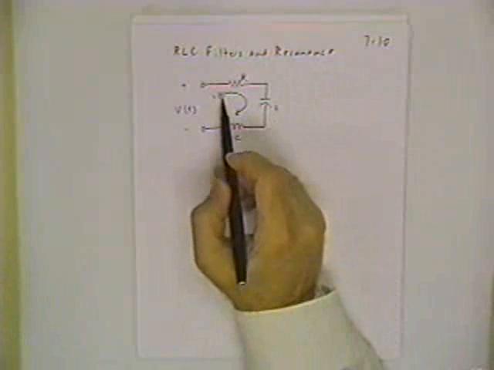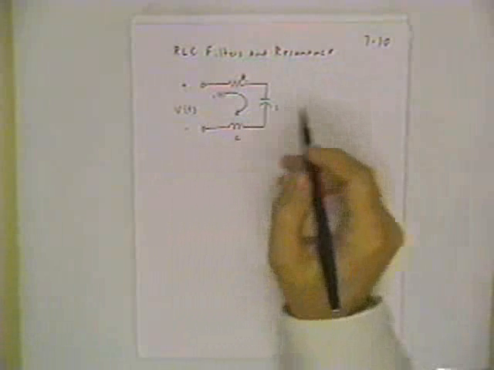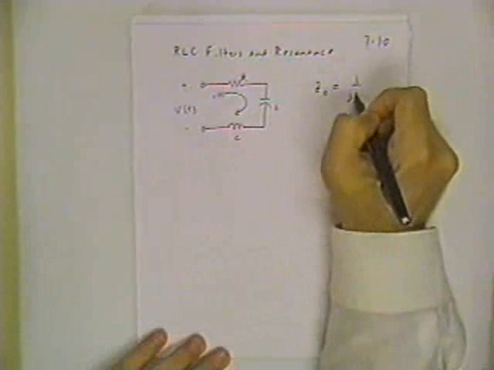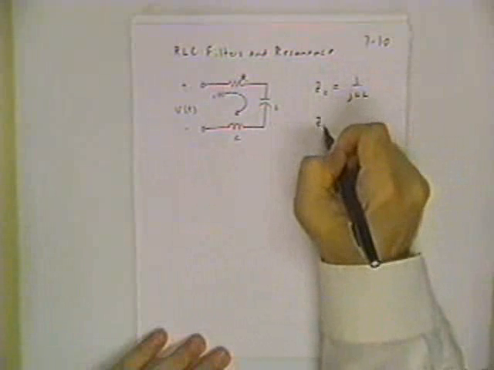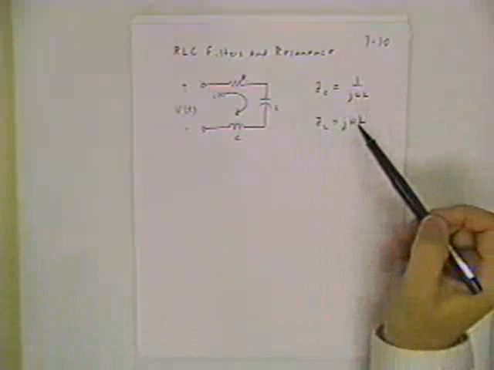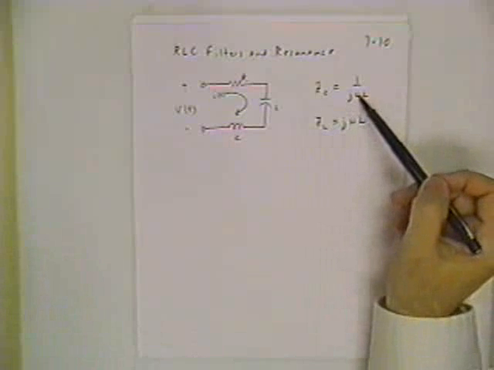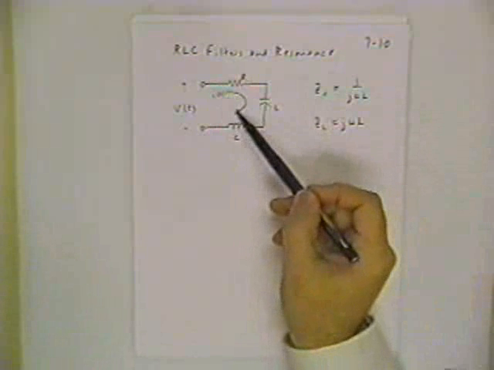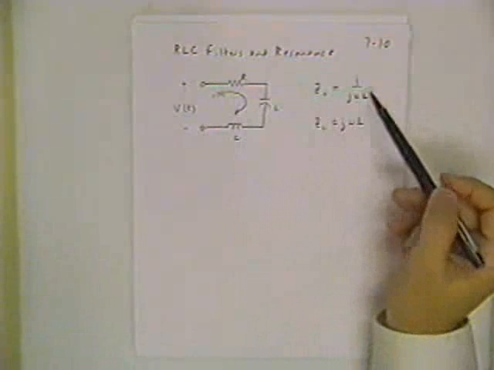But what you'll find is that for very low frequencies, let's actually recall what the capacitor and inductor look like in their impedance models. Okay, if the frequency is extremely small, then the capacitor impedance is going to be huge and the current will suffer. It'll be a very low current for that reason.